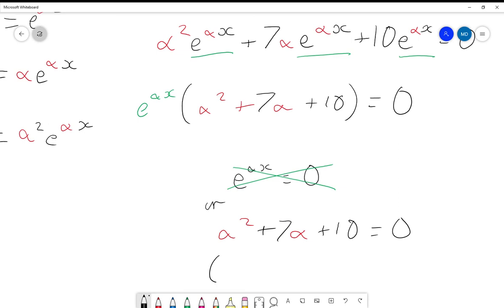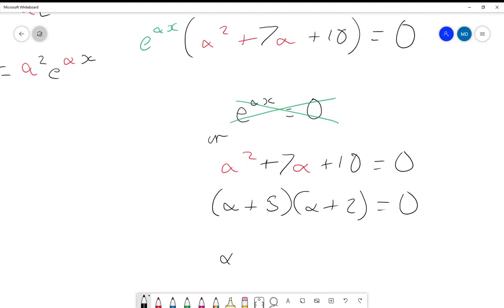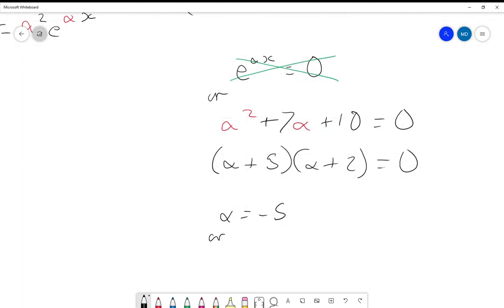And so what we're going to get is alpha plus 5 times alpha plus 2 equals 0, and that tells us that alpha is equal to minus 5 or alpha equals minus 2.